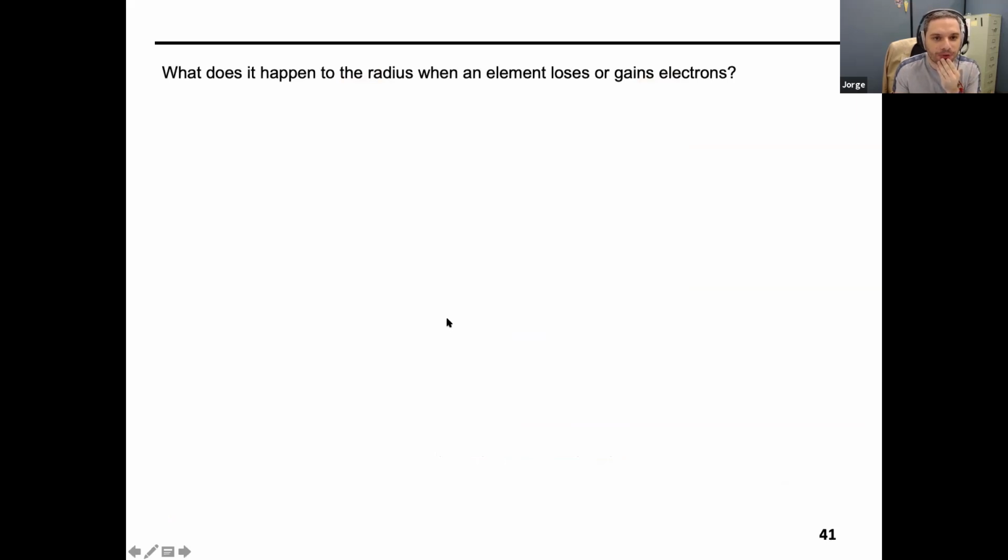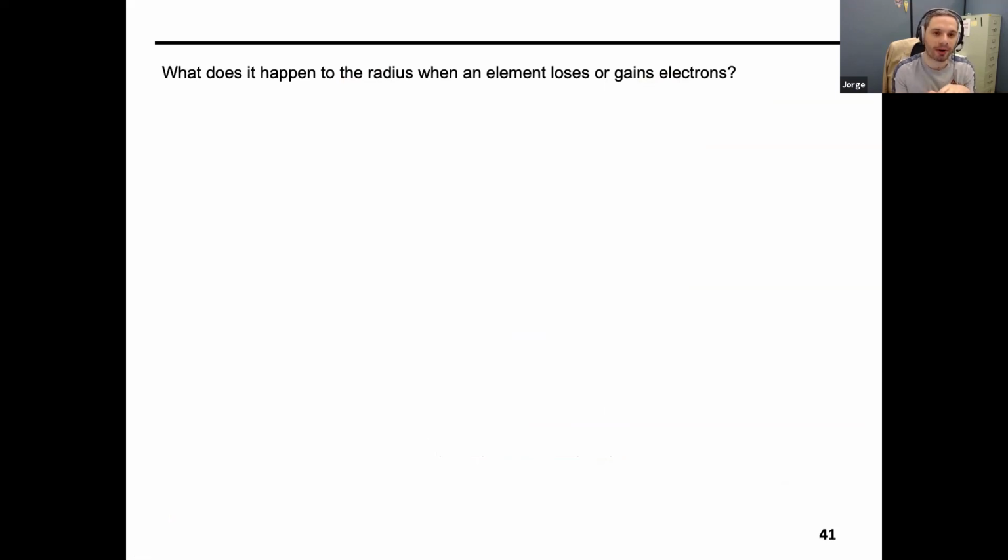Okay, so before I show you the next trend, let's think about what happens to the radius when an element loses or gains electrons.